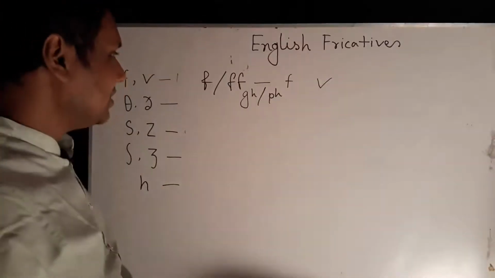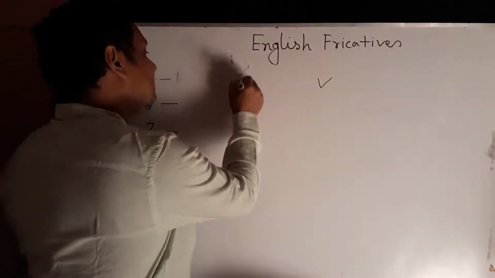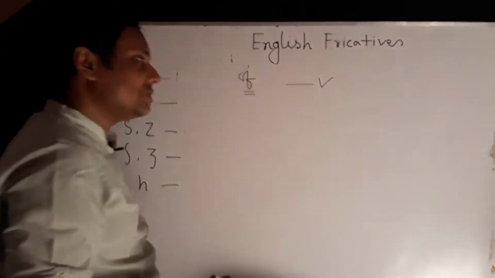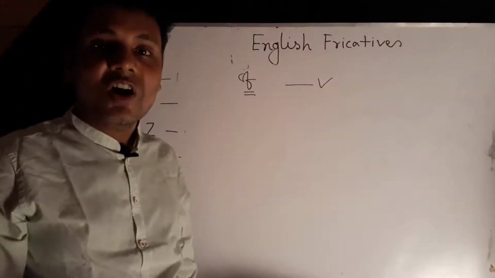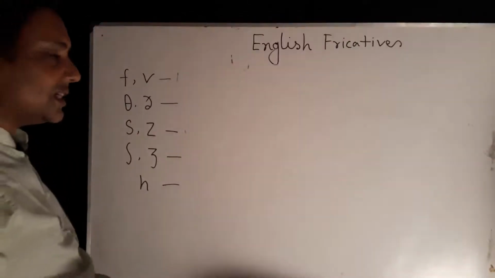But remember that the F of 'of' should be pronounced as va. For example, of, like that. So this is about fa, va in English spelling.